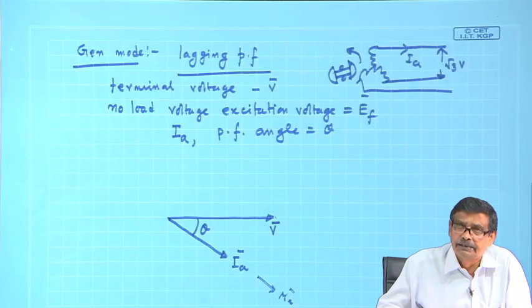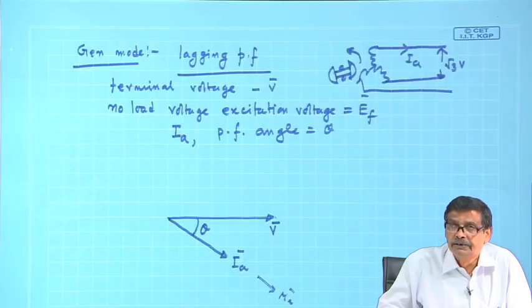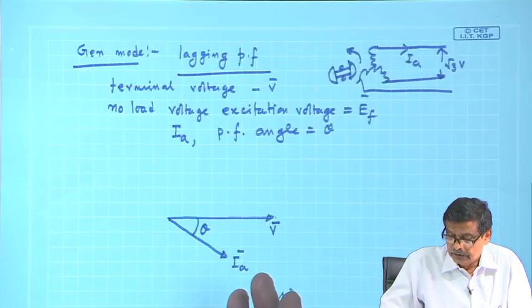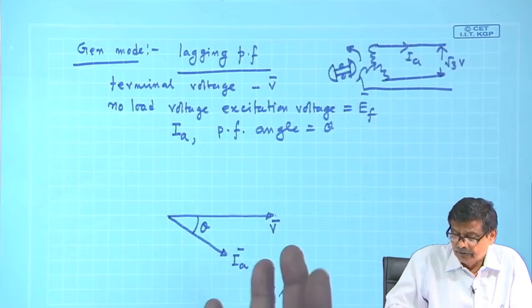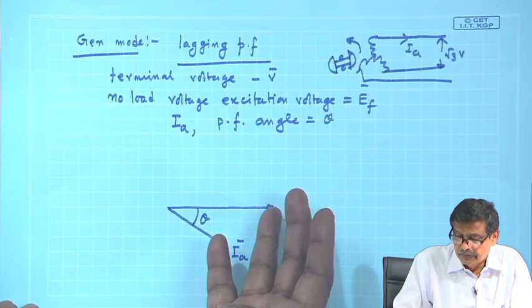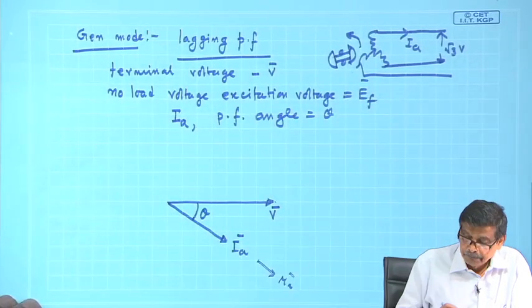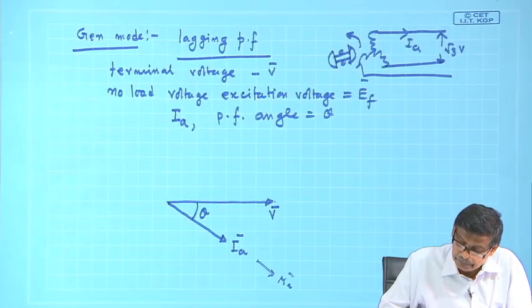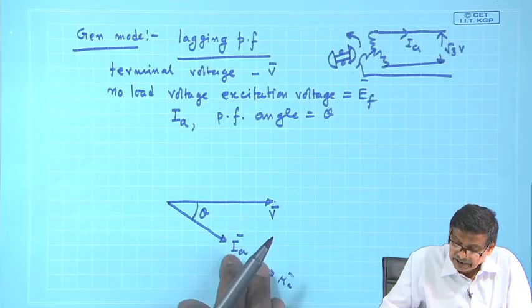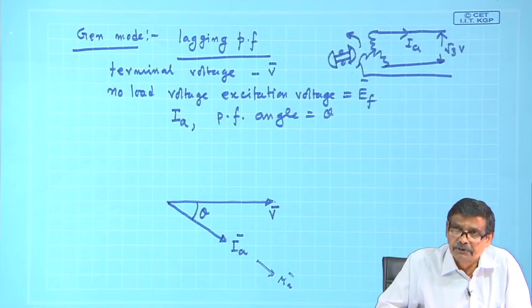Therefore, I cannot think of a single reactance whose drop can be used to compute EF. Instead, I will break up this current into the d and q axis.